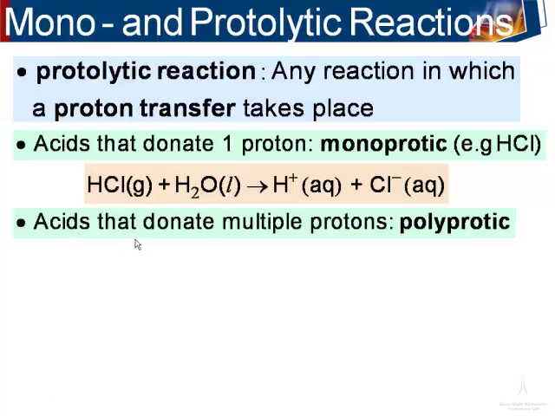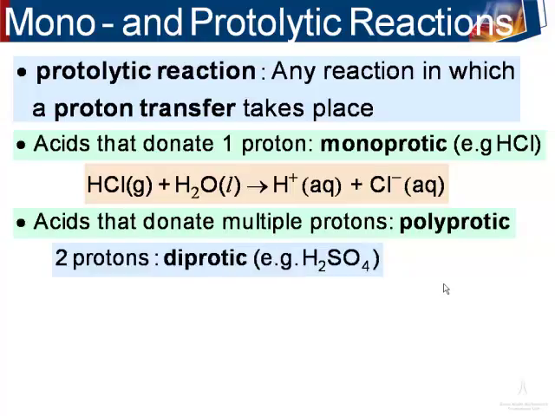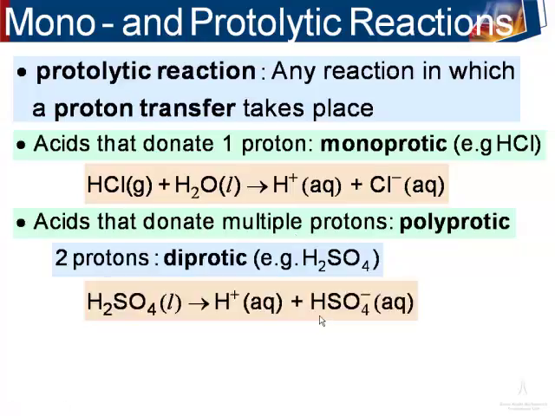Acids that can donate more than one proton, in other words multiple protons, are referred to as polyprotic. Another example of a polyprotic acid, in this case specifically diprotic, is sulfuric acid because it has two protons to donate if you look at its formula.